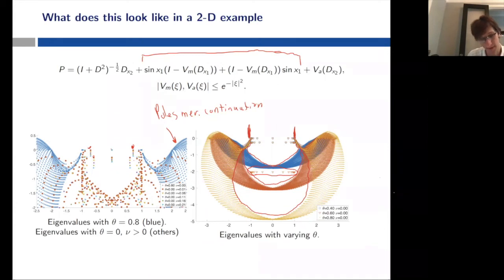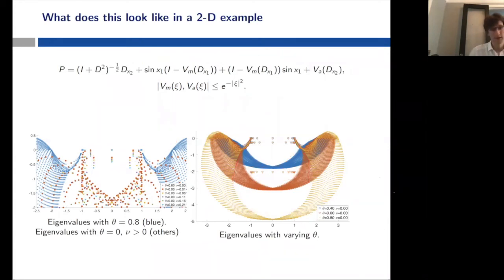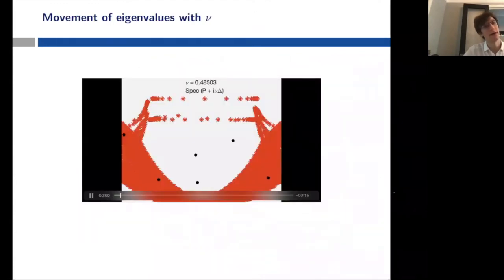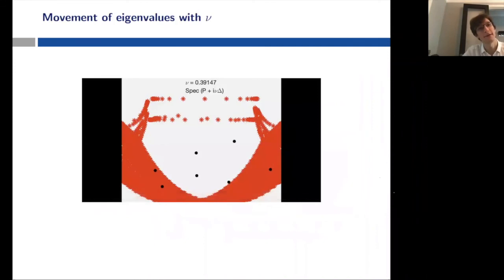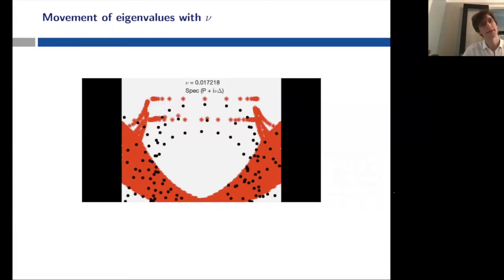And that's why you don't get a meromorphic continuation there. Okay, so I remind you of the video, right? You get this accumulation at these red dots, which we now know are just resonances of some operator on these complex scaled spaces, as nu goes to 0.